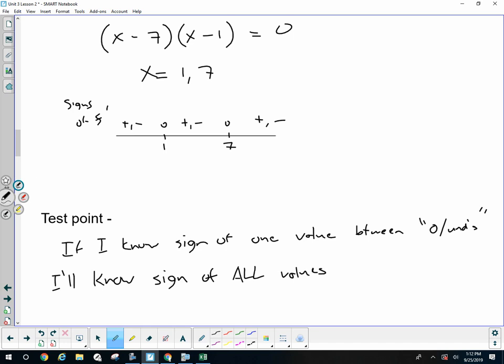So what we're going to do is plug in 8, plug in 3, plug in 0. What is the sign at those points in between your zeros and outside of your zeros? Because it's going to be the sign of all of our values there.